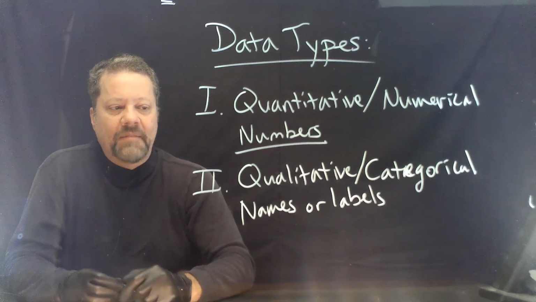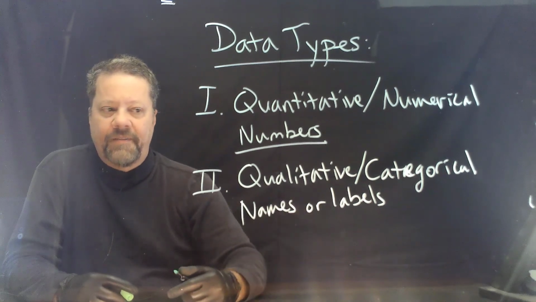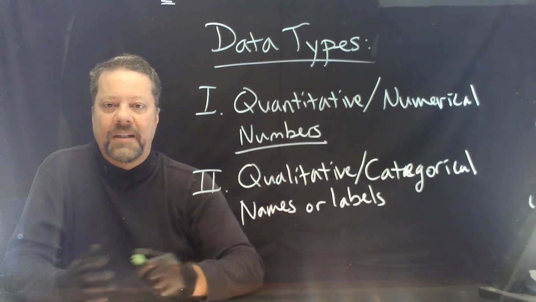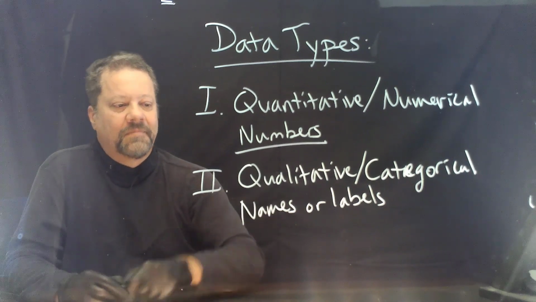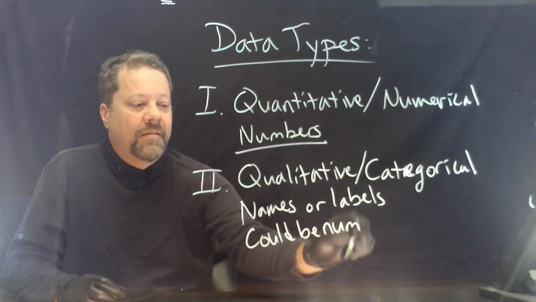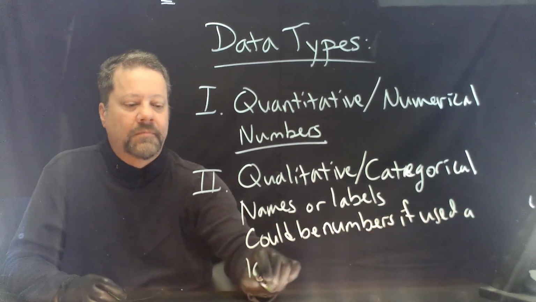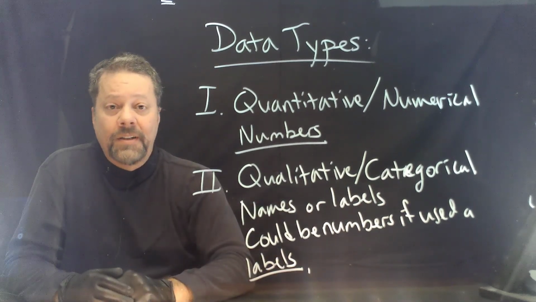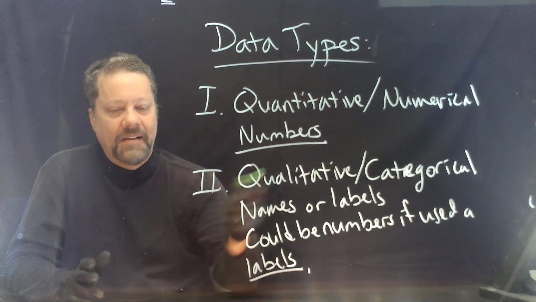Those labels then, even if they are numbers, may be only representative of some kind of a name, a qualitative nature of the particular data. So these qualitative data could consist of numbers if those numbers are being used as a label and not in the usual numeric way.